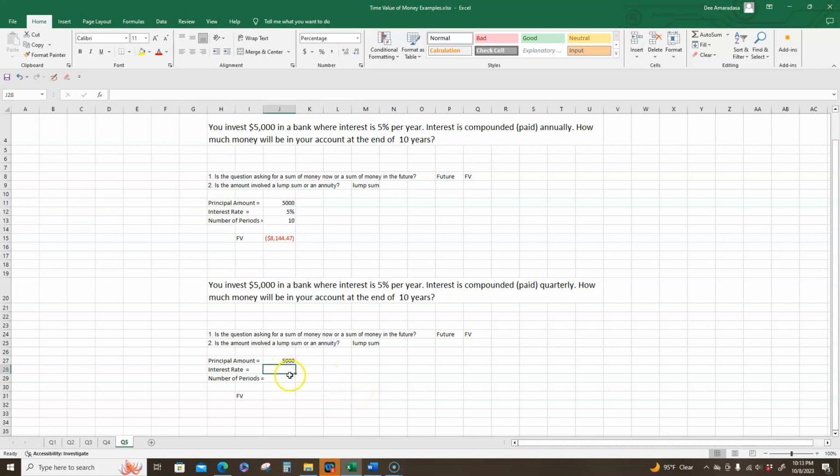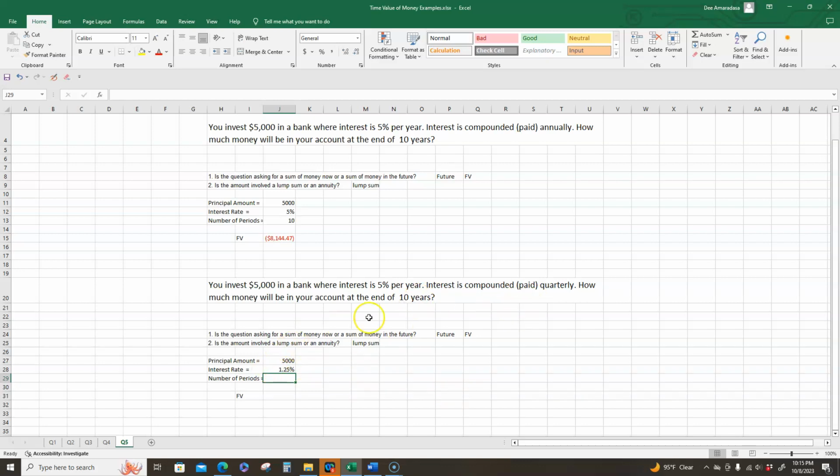Now, interest rate and number of periods are definitely going to change. Interest rate: we know that we are getting 5% per year, but interest is compounded or paid quarterly. So to calculate the interest rate per quarter, we take the 5% that's paid per year and divide that by the number of quarters in a year, which is 4. So 5 divided by 4 gives you 1.25% interest per quarter.